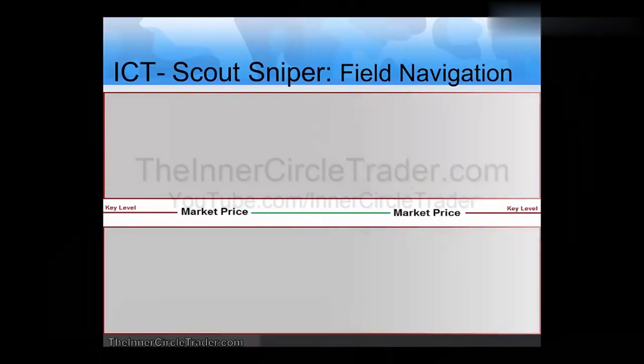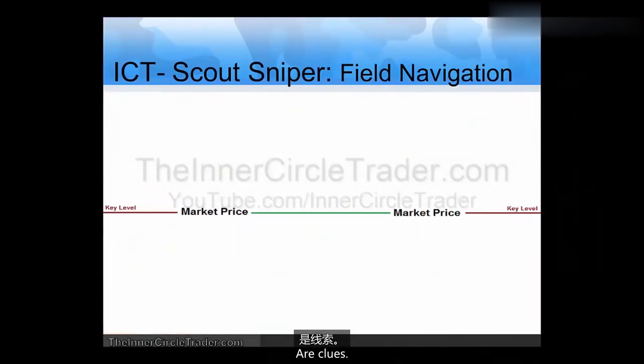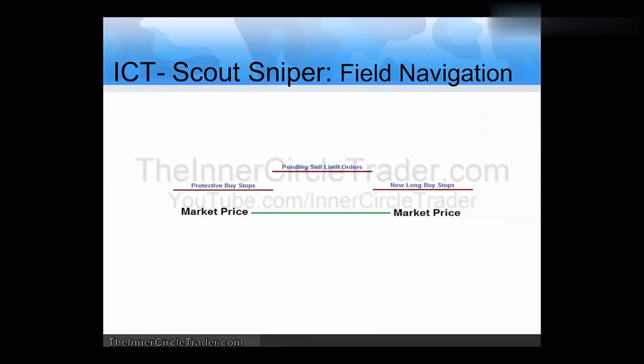When you're watching price, what you're going to be looking for are clues. Okay, there's going to be a fingerprint, if you will, of what may be unfolding. And generally what happens is, above the market price, okay, there are protective buy stops on those that have maybe put on net short positions.